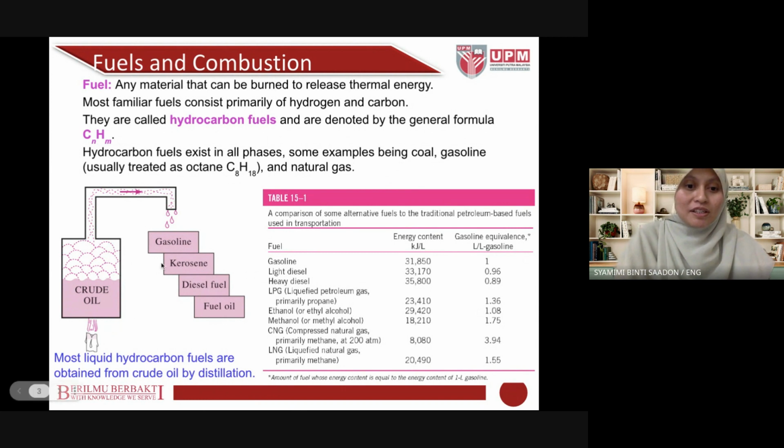This is part of the process of distillation of crude oil to form fuel oil, diesel, kerosene, gasoline, etc. This shows examples of energy content in each type of fuel. For example, gasoline has 31.85 kilojoules per liter here. These are examples of fuels that we usually use.